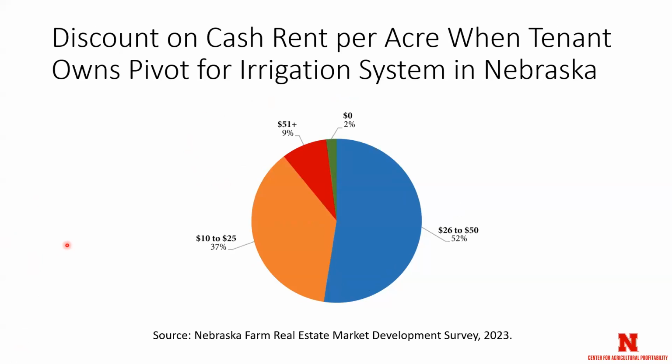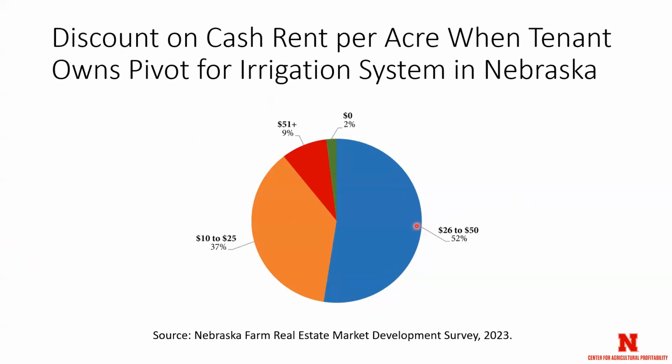Go to the next slide here. If you're in a situation where the tenant provides the pivot as part of an irrigated lease arrangement, the landlord owns the ground, they own the power unit, they own the well, but they do not own the pivot.